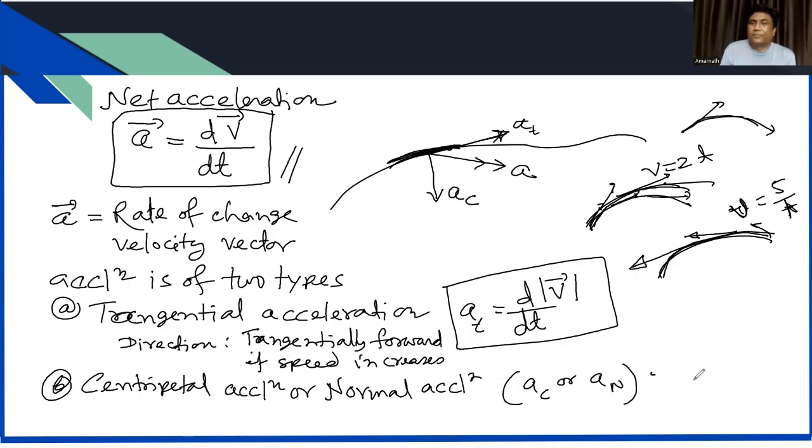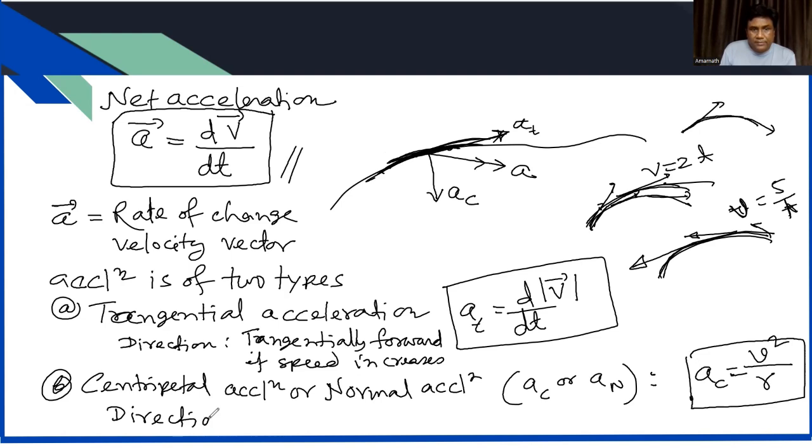Centripetal acceleration is always speed square by radius. If it is a curve, it will have some radius. So this is an important formula: speed square by radius. And the direction is always towards the center.